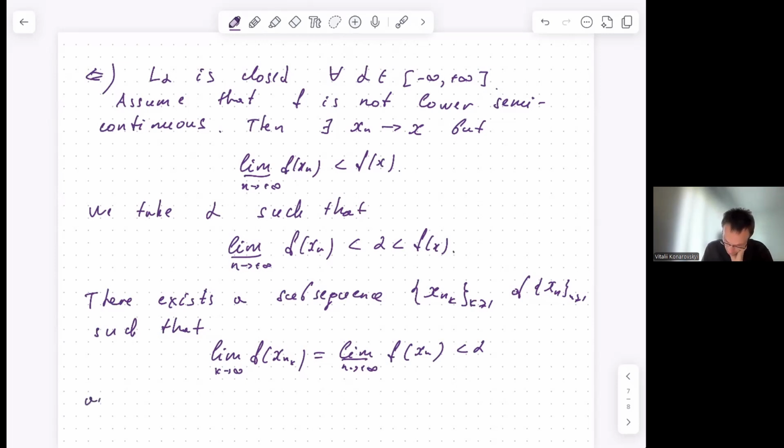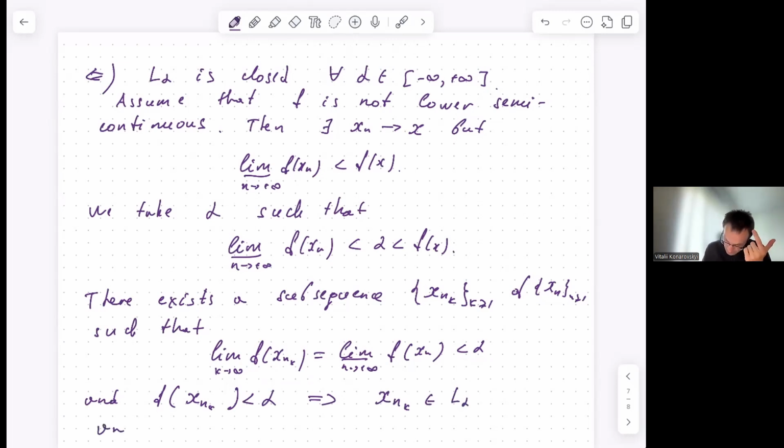And also, we can start from k so large that not only the limit is smaller than alpha, but also the function values will be smaller than alpha. So therefore, without loss of generality, we can assume that f of x_{n_k} is less than alpha. Then this implies, in particular, that x_{n_k} belongs to the level set L alpha.